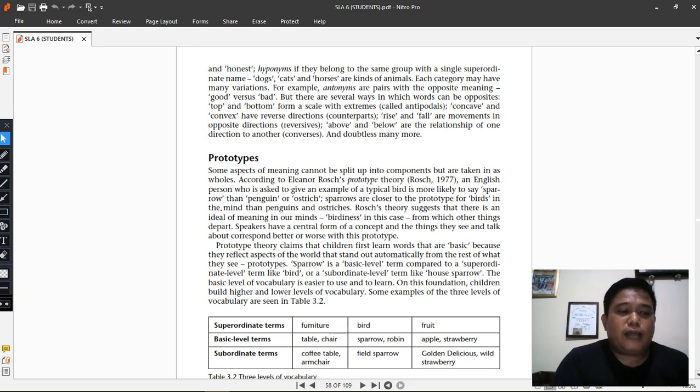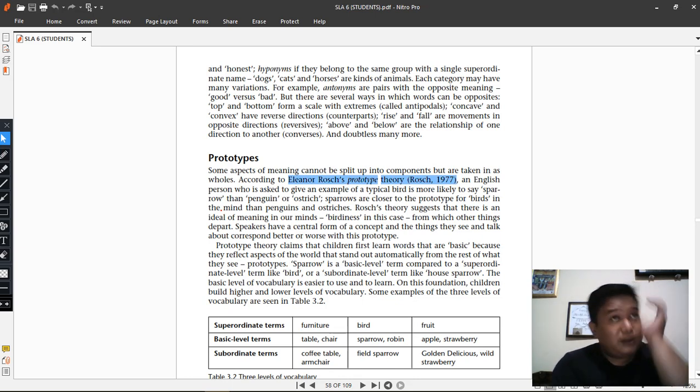There is also another book that deals with this kind of subject, prototypes. You can search it in Google by entering the name Eleanor Rosch's prototype theory, 1977.